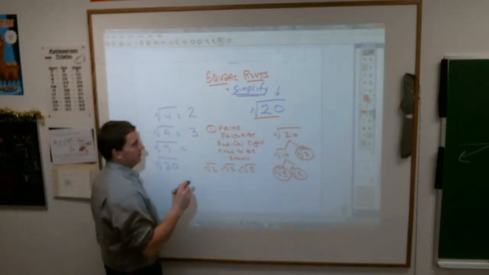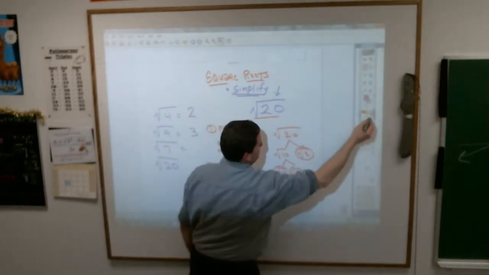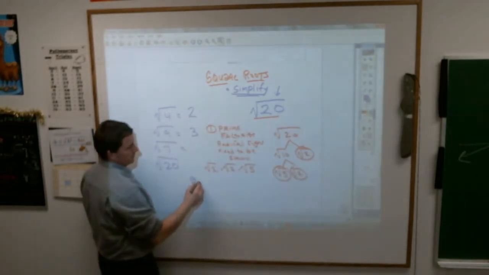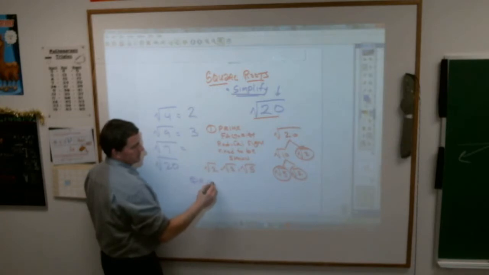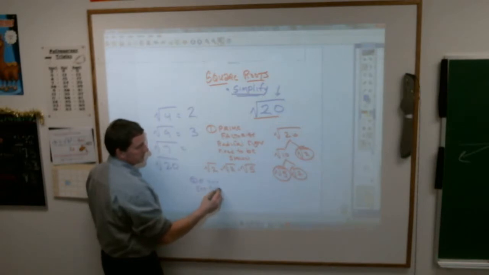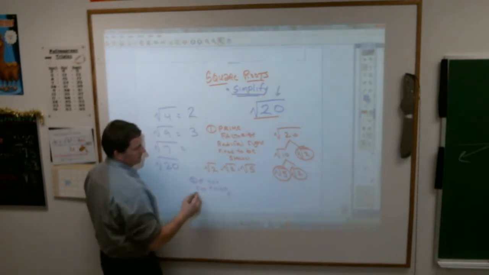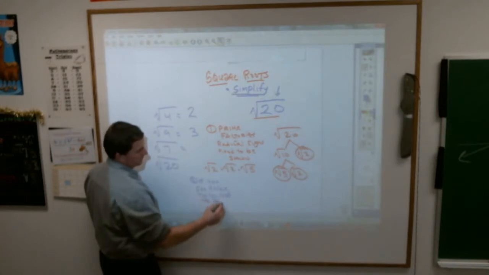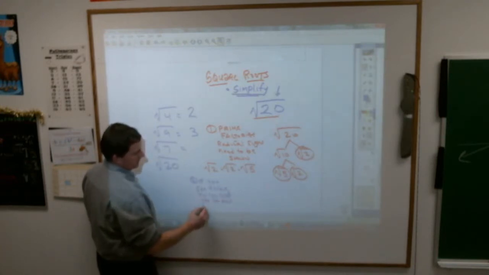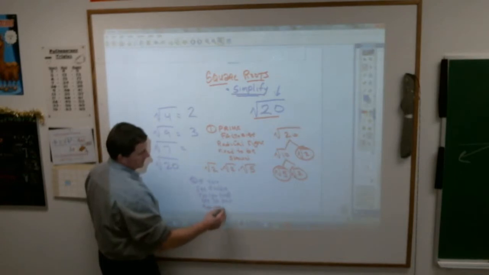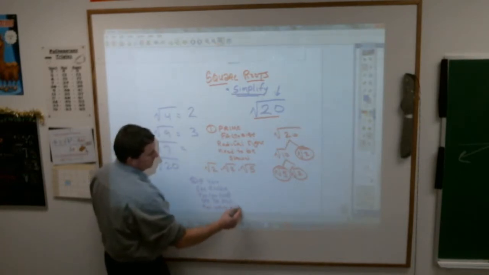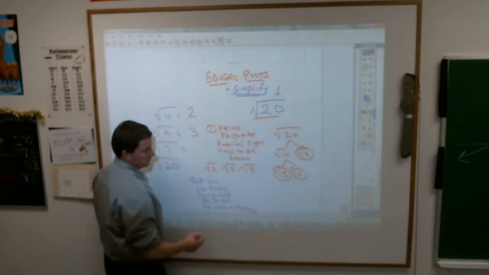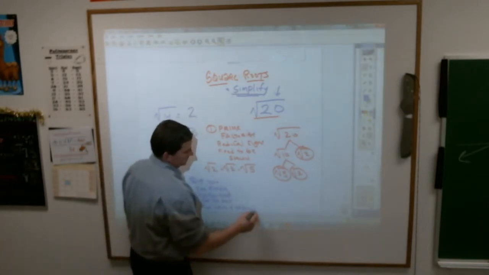Now, step number 2 is this, children. If you see doubles, not if you've seen double, but if you see doubles, comma, you can cross off the pair and write a normal, whatever the radicand was in there, number.